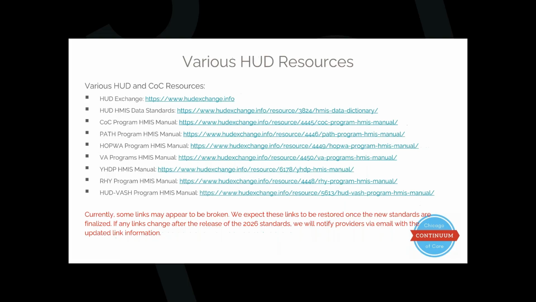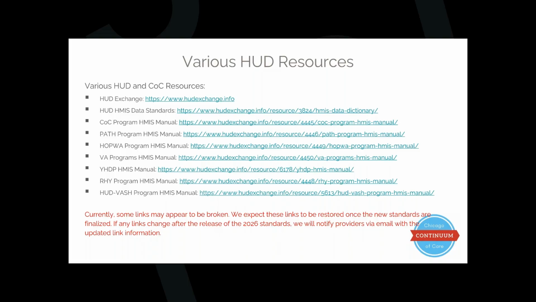So this slide here just goes over various HUD resources. So these links are the HUD Exchange, a link directly to the data standards, CLC program manual, PAF, HOPWA, VA, YHDP, RI, and BASH. So one thing to note is that these are the current links that we have for these particular manuals. Earlier in the year, a lot of the documentation got removed from these links, or these links went down.